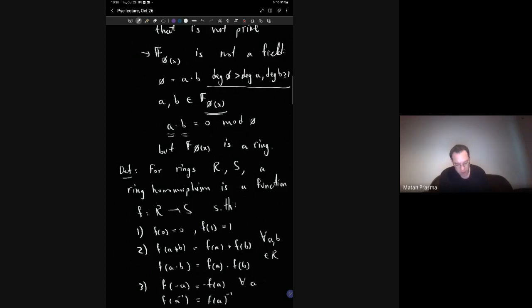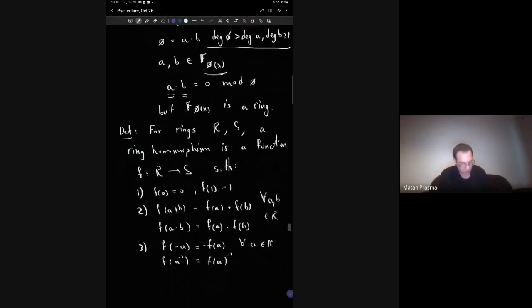This is for every A in R. And of course, multiplicative inverse only exists for non-zero elements.